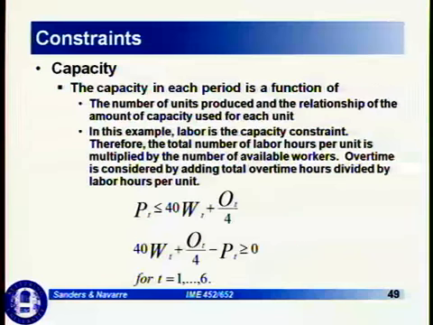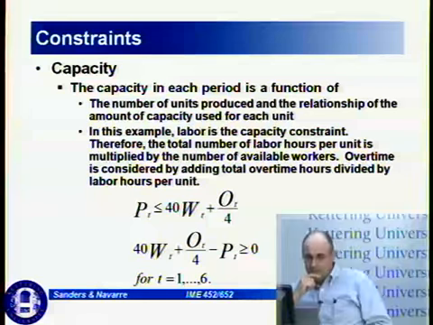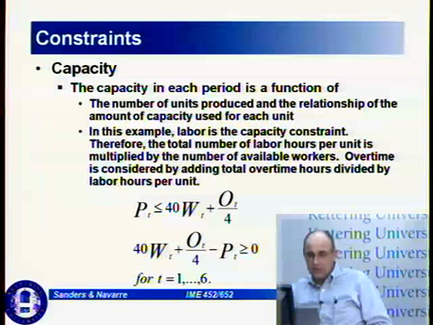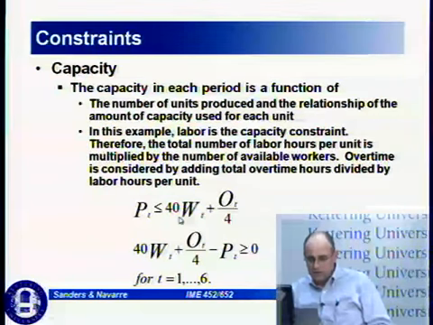The capacity in each period is a function of the number of units produced and a relationship of the amount of capacity used for each unit. So in this example, labor is the capacity constraint. The total number of labor hours per unit is multiplied by the number of workers available. So these are the labor hours per unit times the workers available per month.